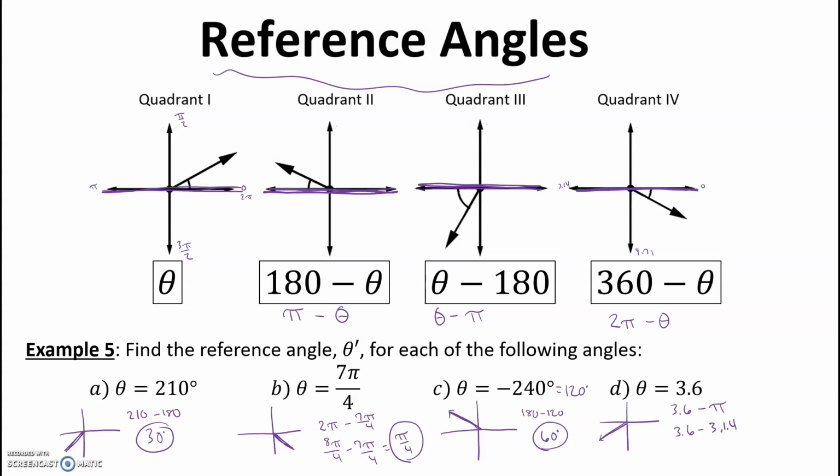Either way. So 3.6 minus 3.14 gets me 0.46. 0.46 is my reference angle. And again, 3.14 divided by 2, this is 1.57 up here. So from 0 to 1.57, we're back in that first quadrant.